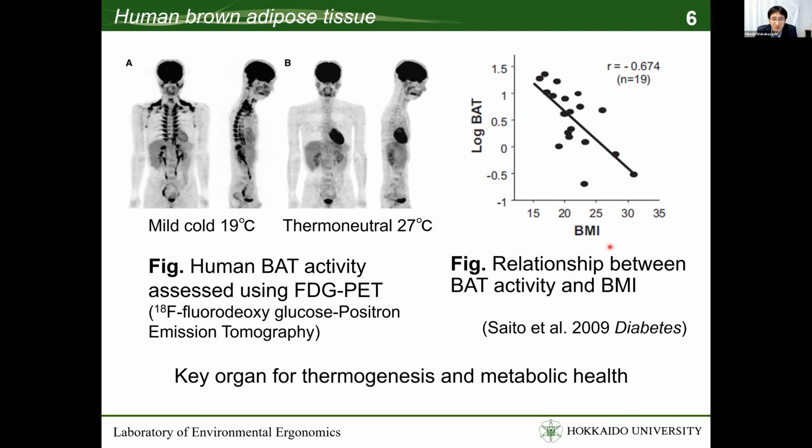So considering this result, brown adipose tissue would be a key organ for thermogenesis and also for improving metabolic health. So that's why many researchers from a lot of research fields like health science, nutrition, and thermal physiology focused on this tissue.